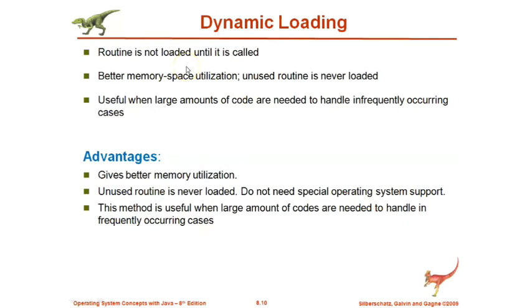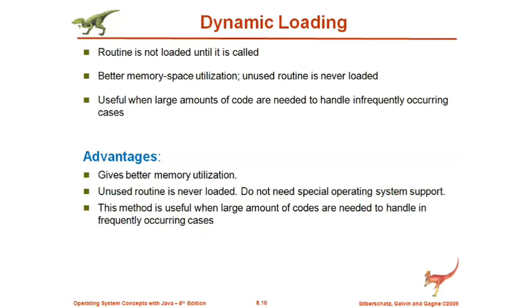Next we'll see dynamic loading. We know that routines are not loaded until they are called. Routine means a function. Already we saw that for a process to be executed, it should be loaded into the physical memory. The size of the process is limited to the size of the physical memory. So dynamic loading is used to obtain better memory utilization.